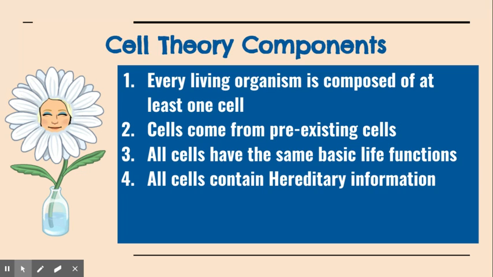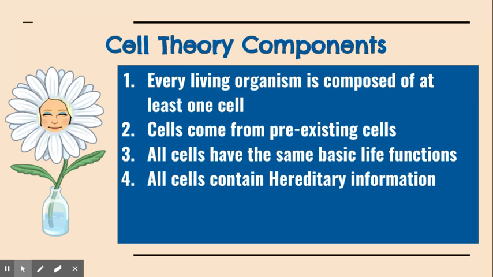Number three, all cells have the same basic life functions. So all cells, just like all humans, are going to be able to grow. Cells, like humans and plants, are going to be able to use energy from food. So they're all going to do the same basic life functions.